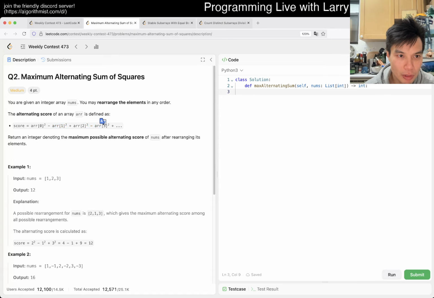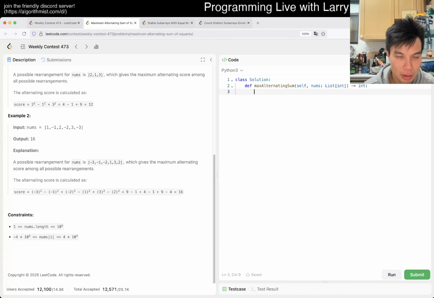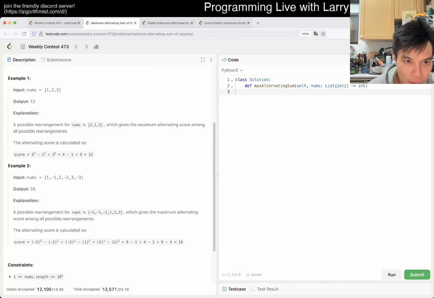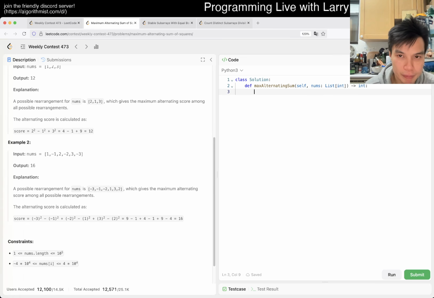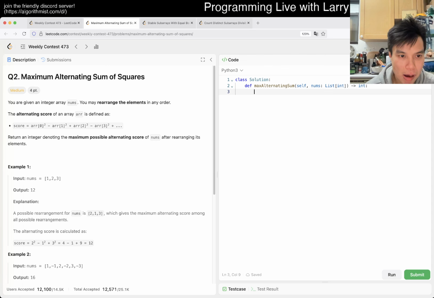Rearrange in any order. This is just greedy, right? Oh, but that's negative. Negative doesn't really matter, so it's just greedy, right? Yeah, okay.